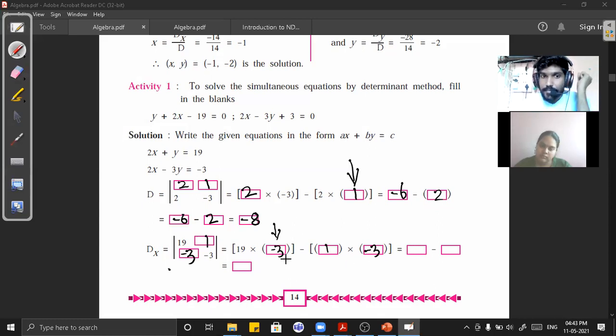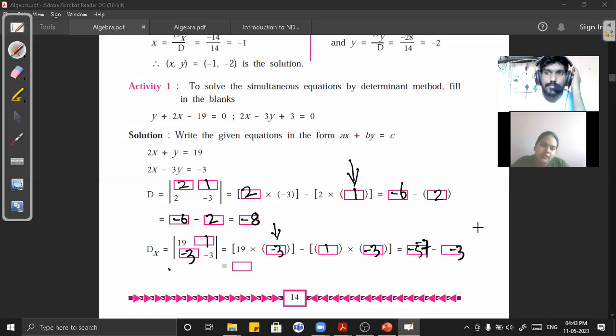There is a minus 3 here. So 19 into minus 3 will give you minus 57. Correct. And 1 into minus 3 will be minus 3. And now here it is minus 57 minus of minus 3.